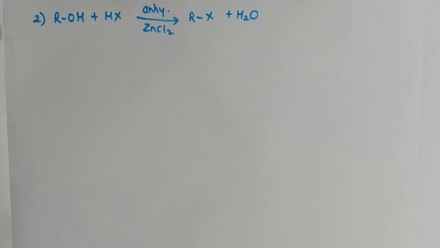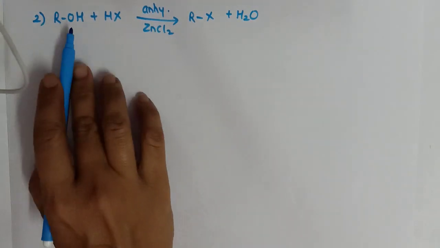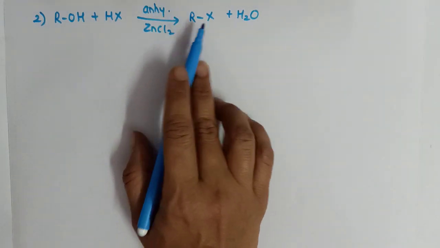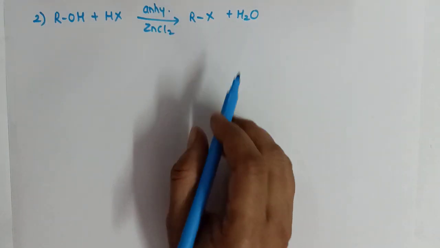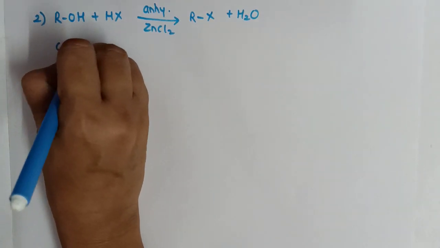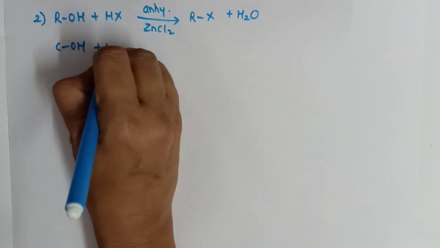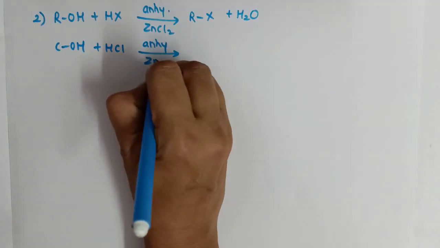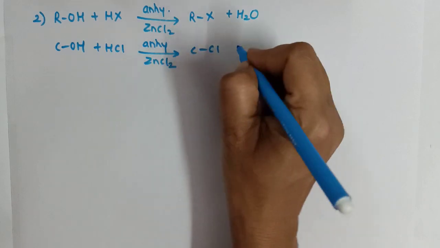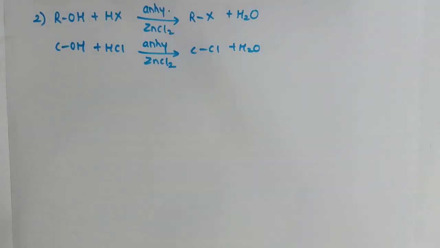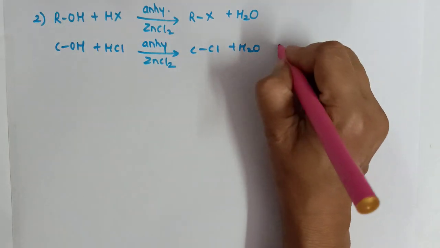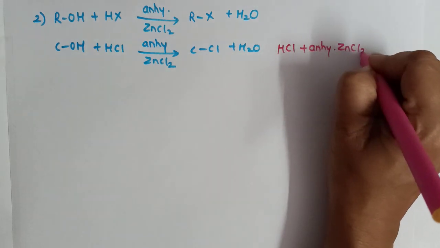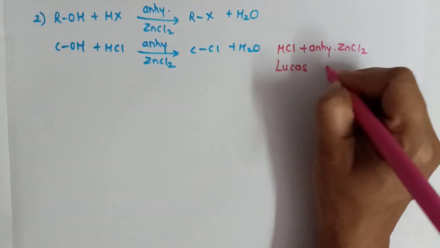The second method of preparation from alcohols is that whenever any alcohol is treated with hydrogen halide in presence of anhydrous ZnCl2, it will give haloalkane and water. Let us take the example of methanol treated with hydrogen chloride in presence of anhydrous ZnCl2, which will give chloromethane with water. Now this hydrogen chloride and anhydrous ZnCl2 is called Lucas reagent.